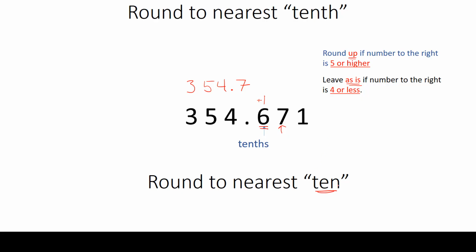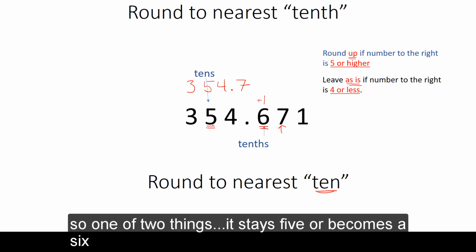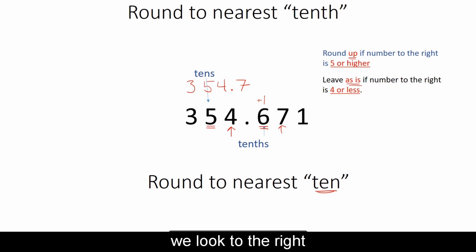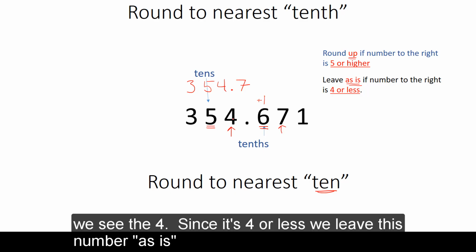Let's locate the place value there. It's kind of getting a little messy here, but I'll underline it. The 5 is in the tens place value. So one of two things: that stays 5 or becomes a 6. We look to the right, we see a 4. Since it's 4 or less, we're going to leave this number alone.